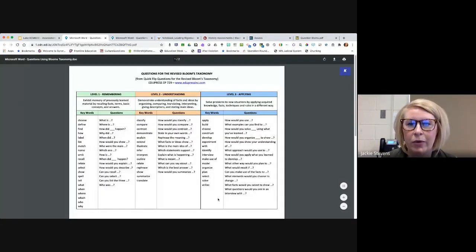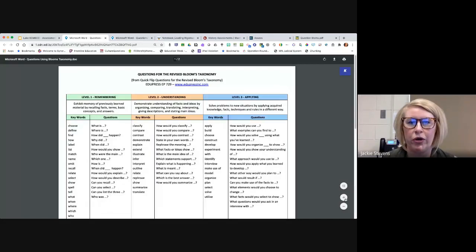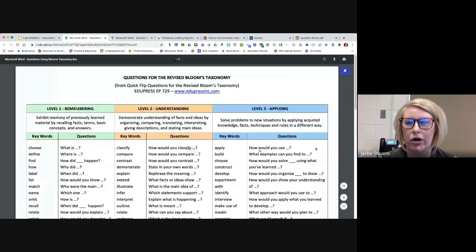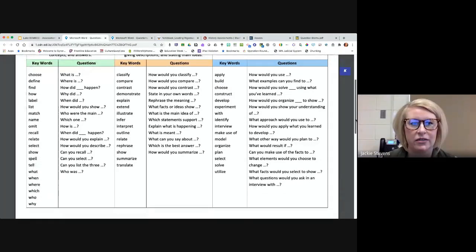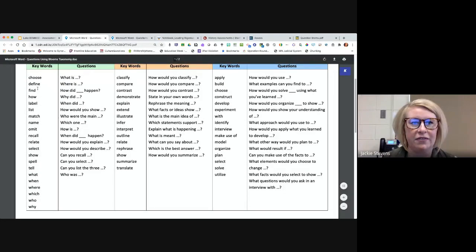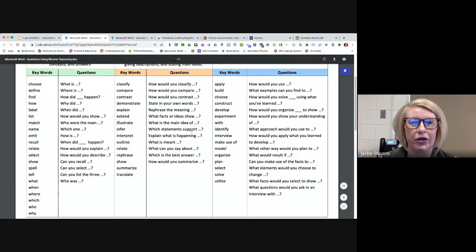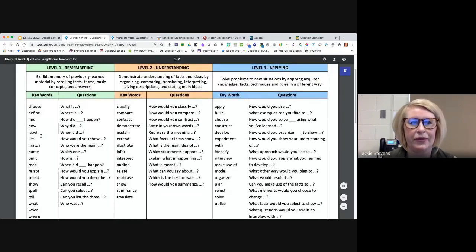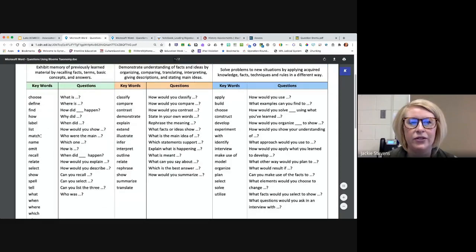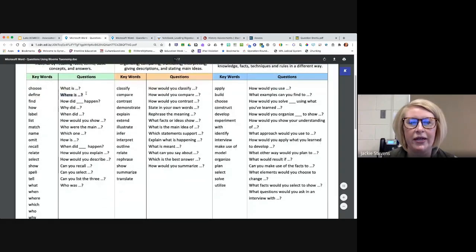So I'm going to look for the words locate or find. And I can see find is a key word under remembering. And so where is that?